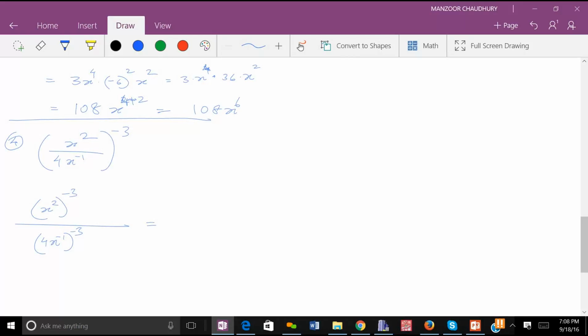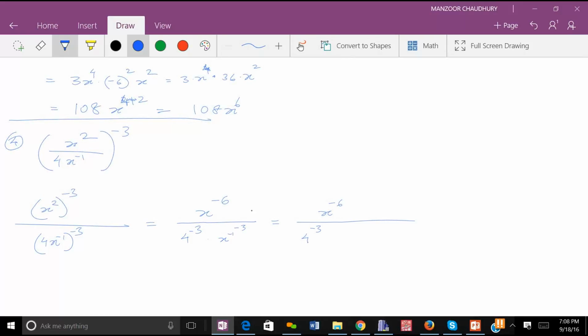So that negative 3 gets to each part. So it becomes x to the negative 6 at the top, then you have 4 to the negative 3 times x to the negative 1 to the negative 3. Get it? Yeah. So I'll leave that x to the negative 6 on top for now. I'll bring it down later. And 4 to the negative 3 at the bottom later.